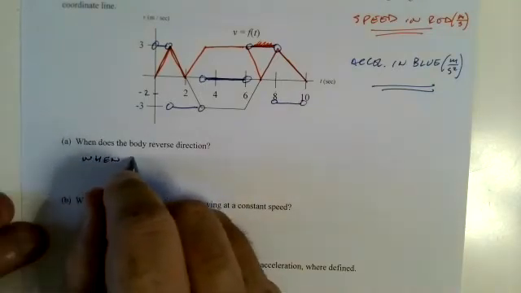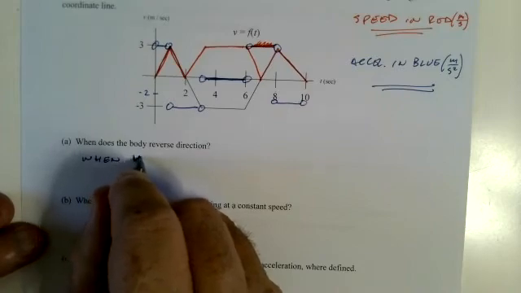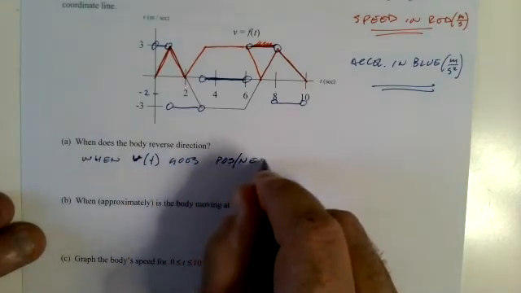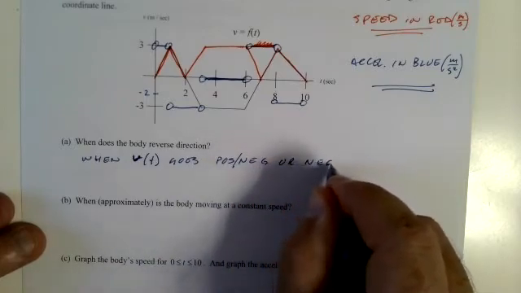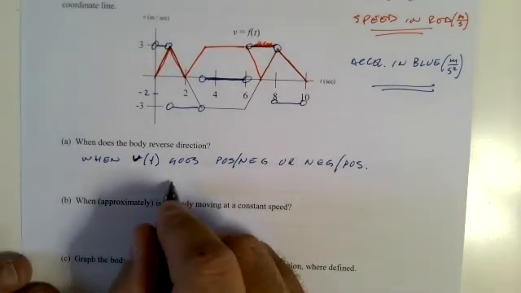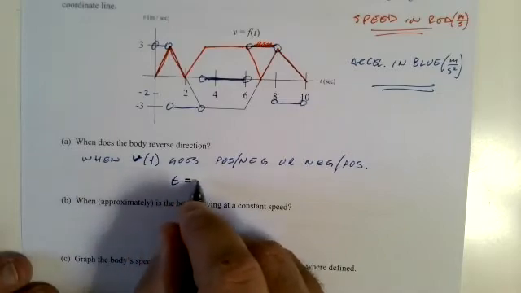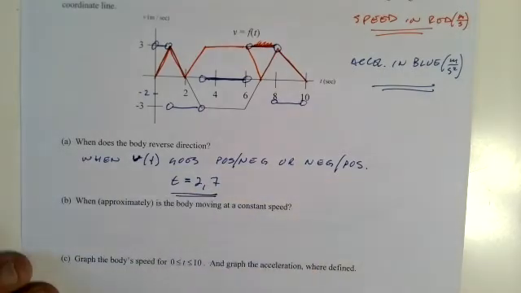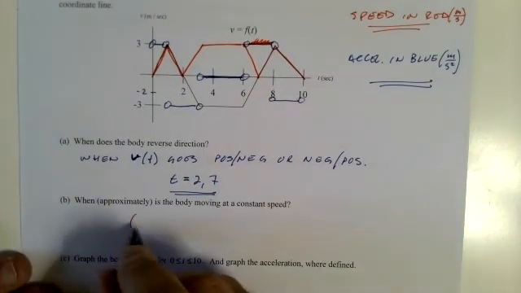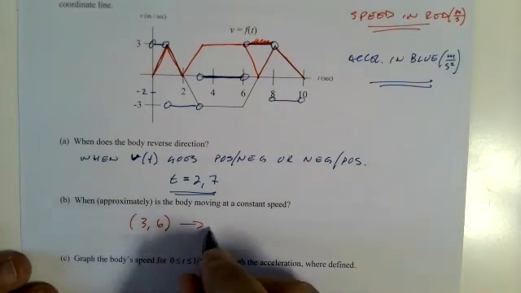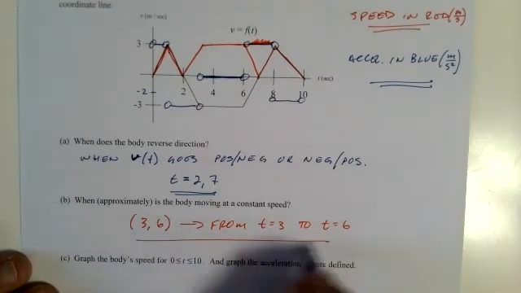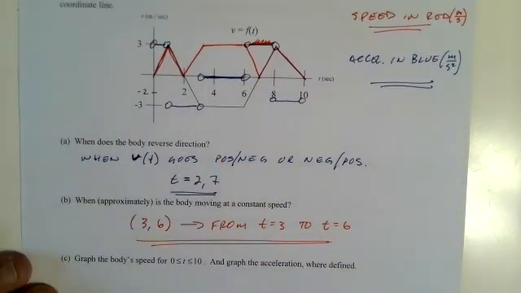Okay, when does the body reverse direction? When the velocity goes from positive to negative, or negative to positive. One approximate: the body is moving at a constant speed from t equals 3 to t equals 6, when your acceleration is 0.